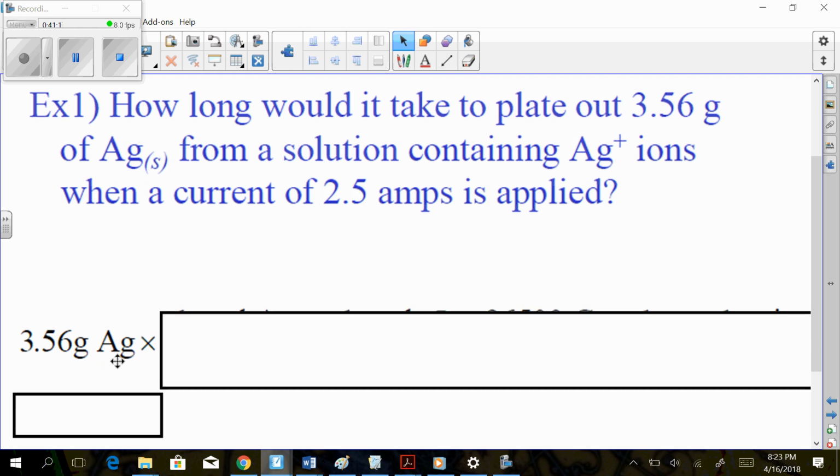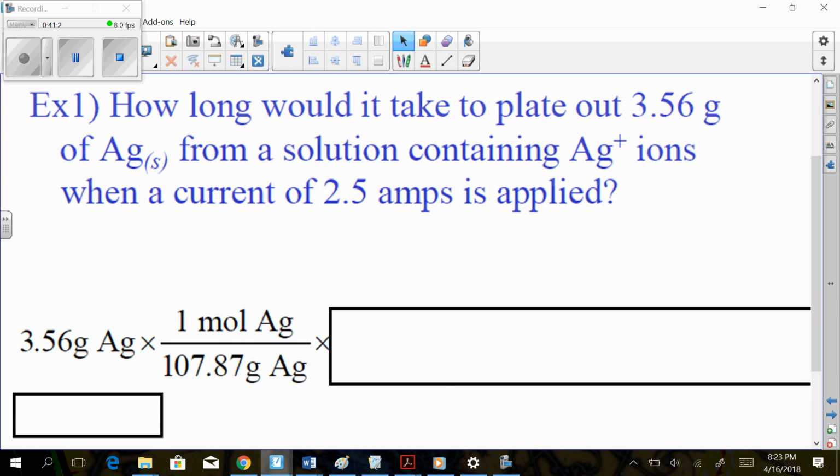If we start with 3.56 grams of silver, we figure out how many moles of silver are in that 3.56 grams. So divide by the molar mass and you get moles of silver.